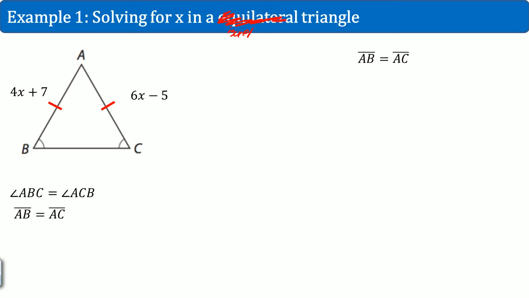This is supposed to be an isosceles triangle. So, let's set this up. We could set up this equation because we know that an isosceles triangle has two congruent sides, and these two congruent sides are your two legs.